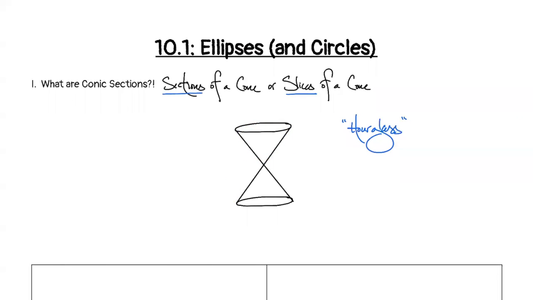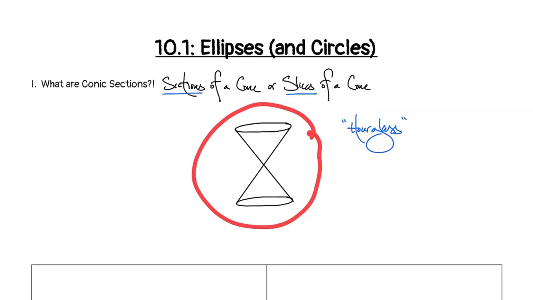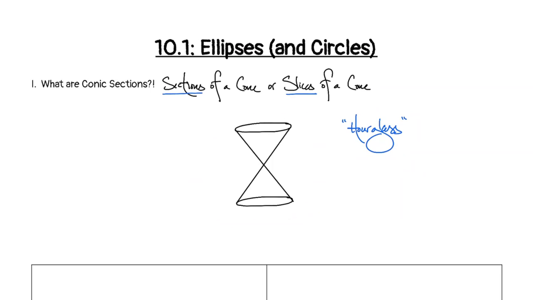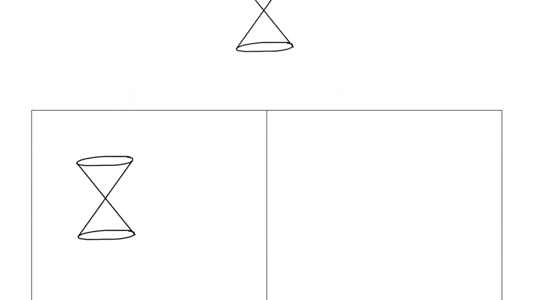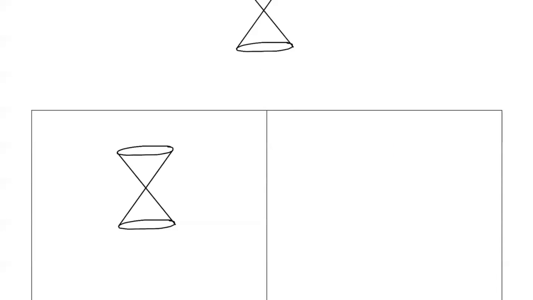But we're going to be taking a look at what are the different ways that we can slice this shape and think about four special kinds of sections. And so what we're going to do, I'm going to cheat a little bit. I'm going to copy this diagram into each of the four spots that I have here.